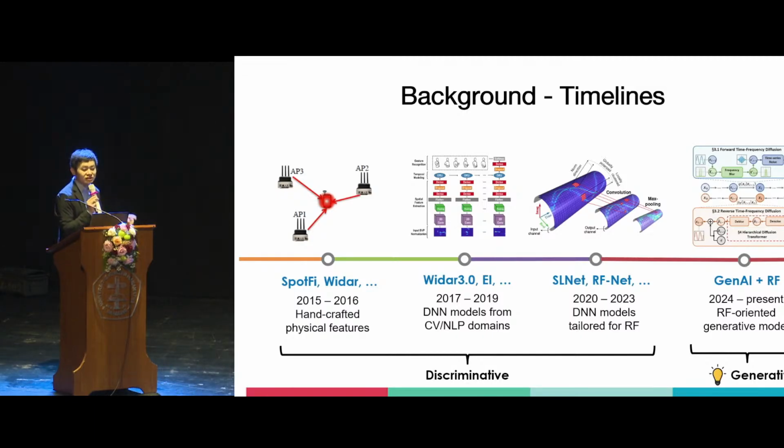The third stage is around 2020 to 2023, where we use deep neural network models specifically designed for radio signals, with classic research works like SLNet and RFNet.